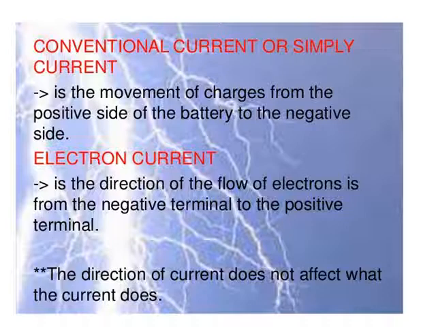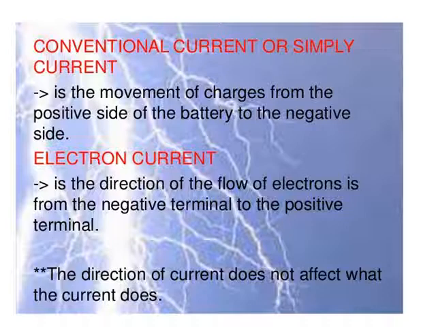In circuits using metallic wires, electrons constitute the flow of charges. However, electrons were not known at the time when the phenomena of electricity was first observed. So, electric current was considered to be the flow of positive charges, and the direction of flow of positive charges was taken to be the direction of electric current.